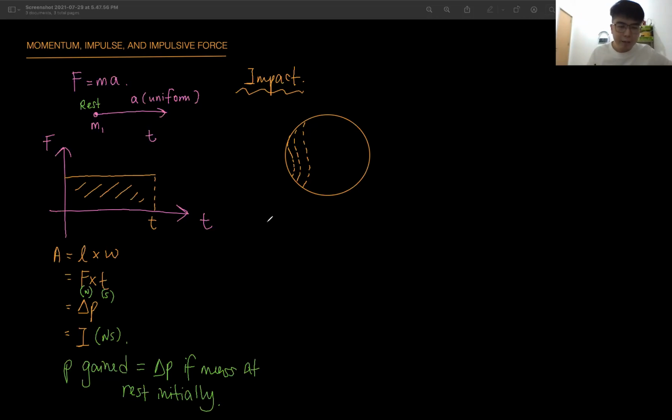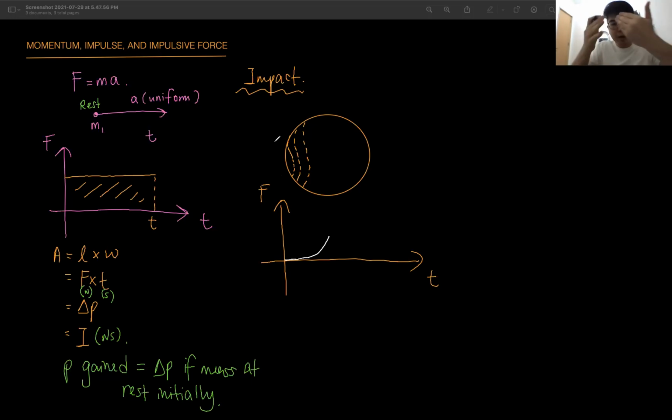So if I were to sketch the graph of the force against time, how would it look? This is F, this is t. The graph will look like this. Initially it will be very small, and then slowly it increases. This is when it deforms more and more, and the force is getting nearer and nearer to the center of the ball.